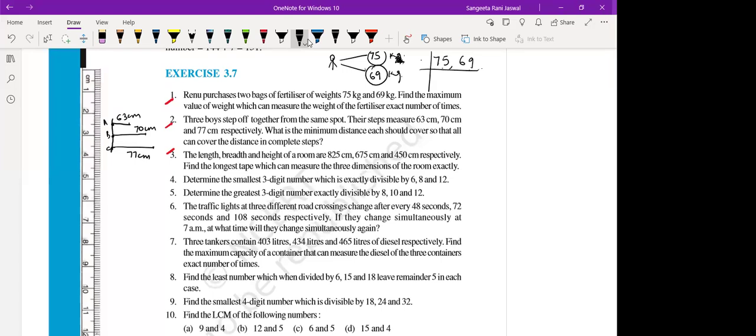Ma'am, I got a different answer. What is that? Ma'am, I got the answer as 48510. 48510. Please check again. You are finding the LCM. Check again. I'll also check.